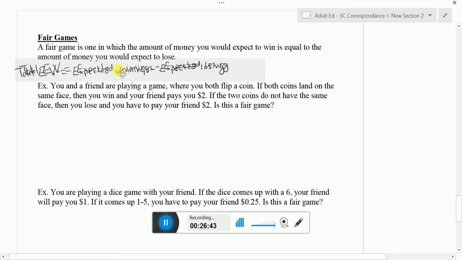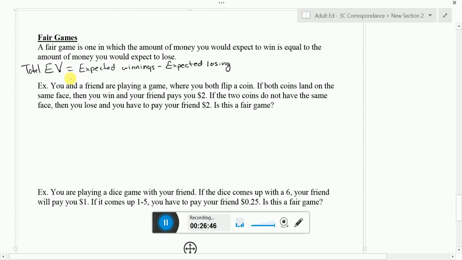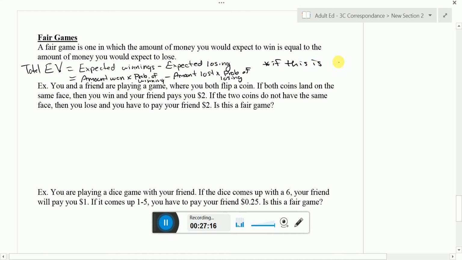And so to find the expected winnings, that is equal to the amount that you win times the probability of winning, and then we're subtracting that by the amount that you would lose if you lost times the probability of losing. And again, if this is 0, it is a fair game.